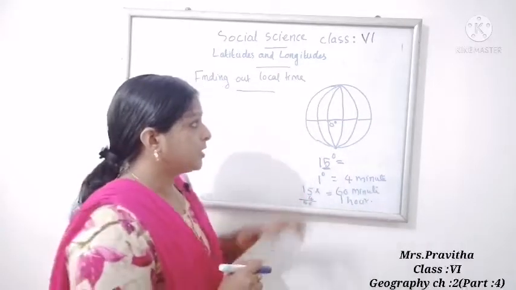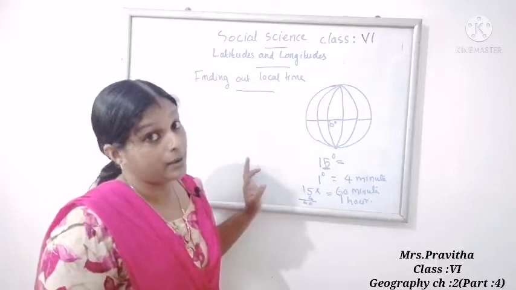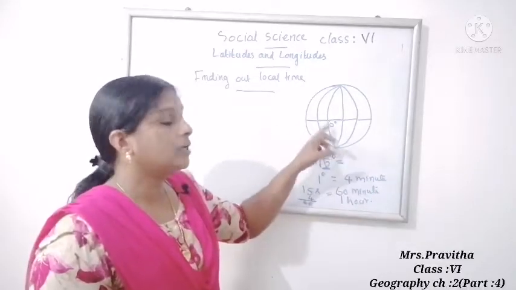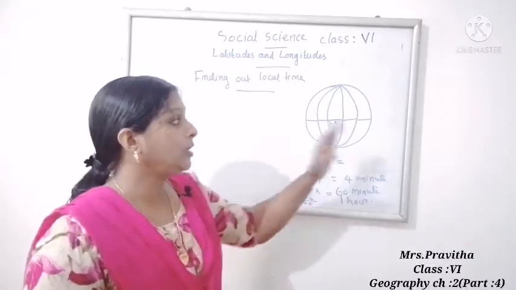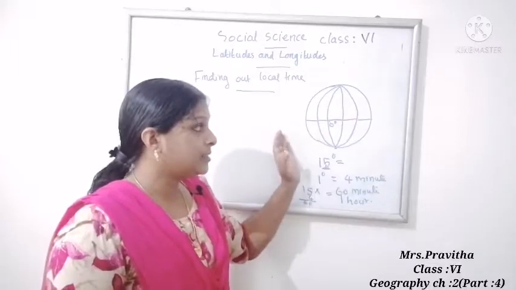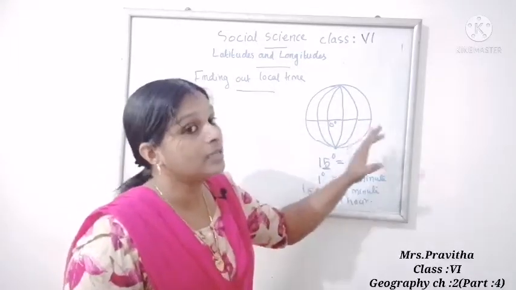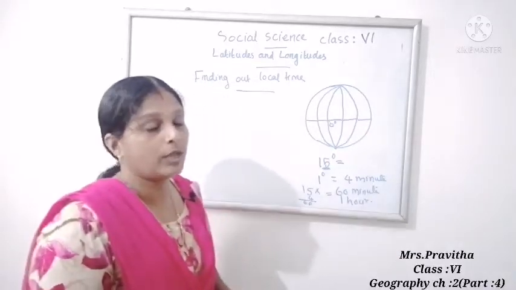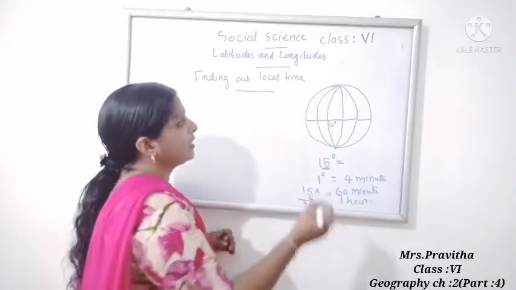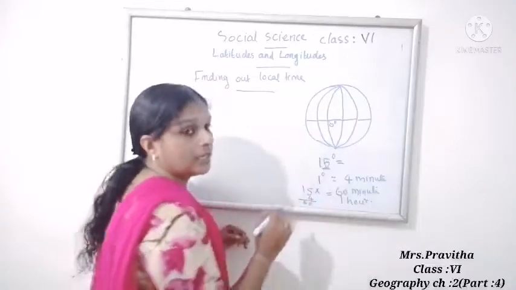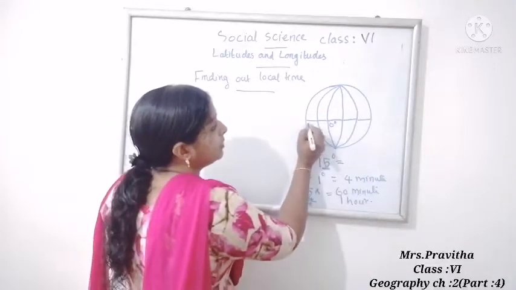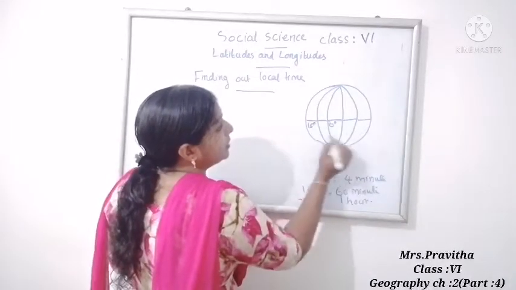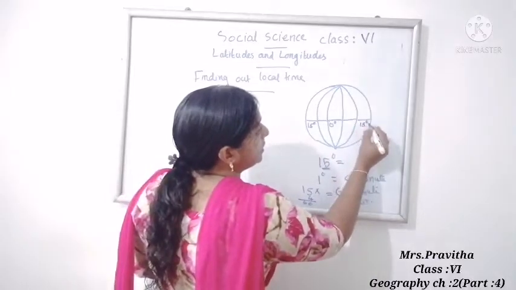I taught you children 0 degree longitude is the prime meridian, and this 0 degree longitude divides Earth into 2 equal halves, eastern hemisphere and western hemisphere. In total there are 360 degrees of longitude.